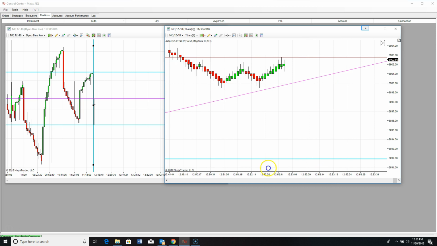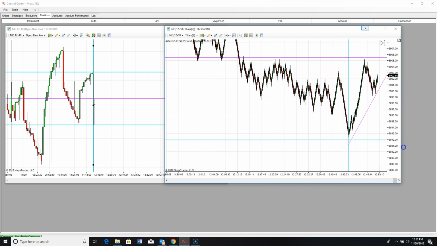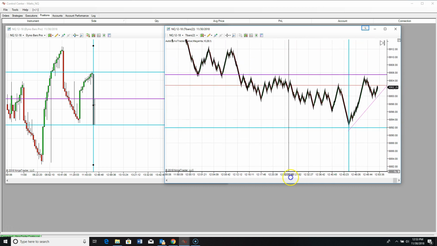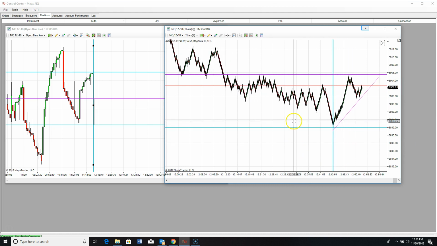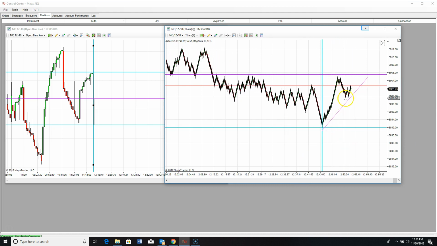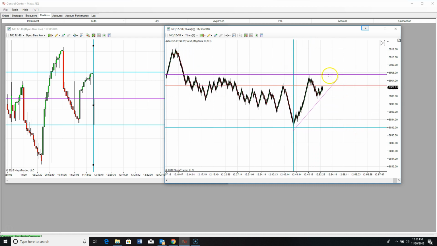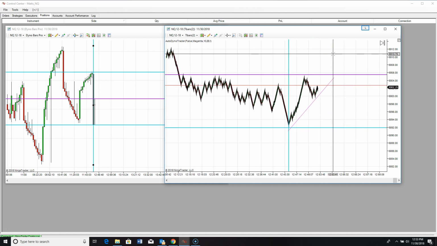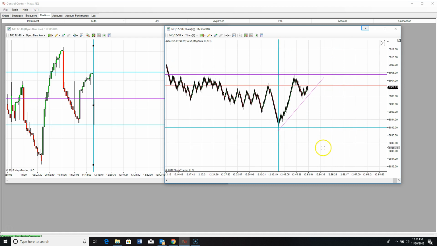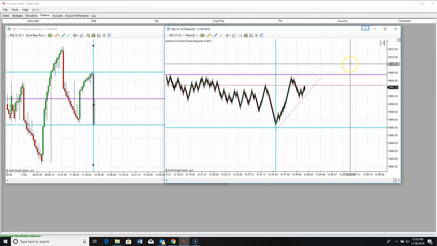I like well-defined pivots, and my definition of a well-defined pivot is something I can see if I'm scaled all the way out. You can clearly see these are nice pivots. Again, as Mark says, it's all subjective. Everyone has their own style. This is my style.